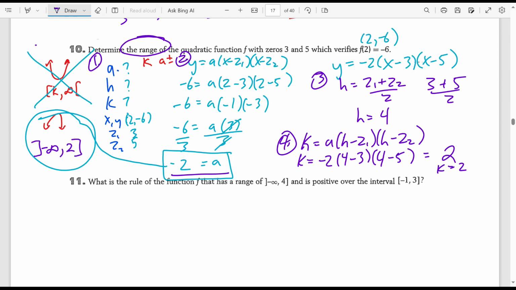And that would be the final answer. Okay? So just to reiterate, we find a rule so that we can use a rule. I found a is negative 2 so that I could go through this process here.